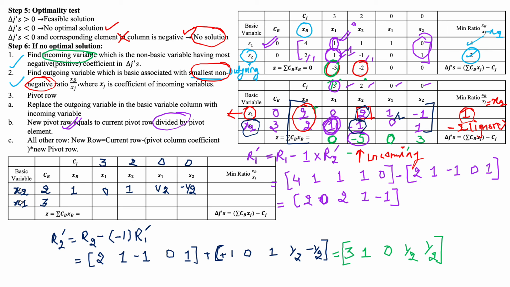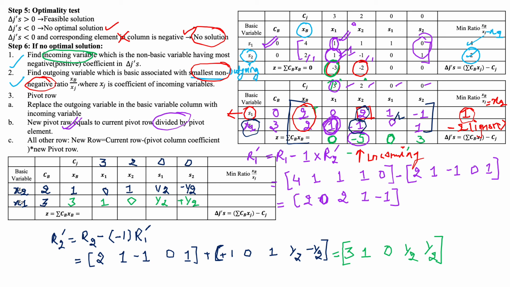So these are my new row elements. So this value will be 3, this is 1, this is 0, this is half, then plus half. Okay, so this is again my new simplex table.